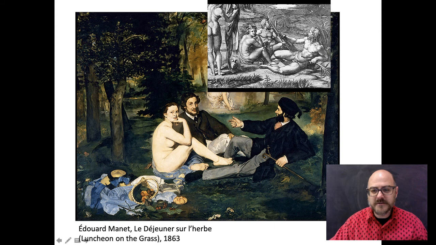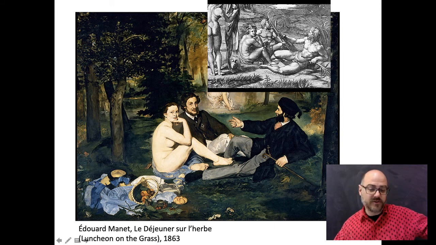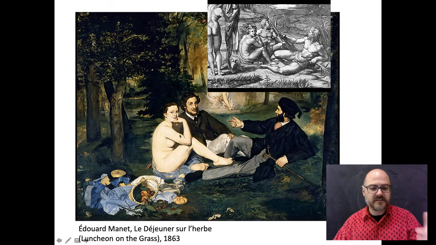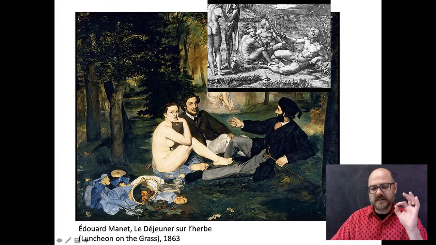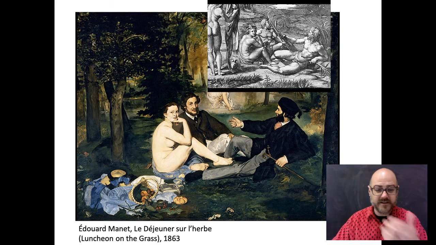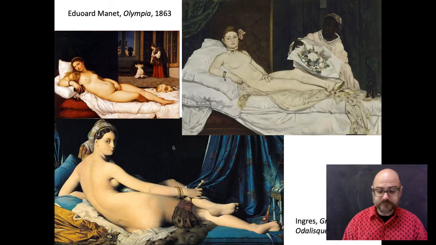And look at this pose. This is a Greek river god, and here you see they're just having a meal and it looks identical. So he's referencing classical art. Even though people would have expected to see that in the Salon or the museum, this was shocking because it was a common everyday person that was a contemporary of audiences, and they're like, what's going on in this scene?